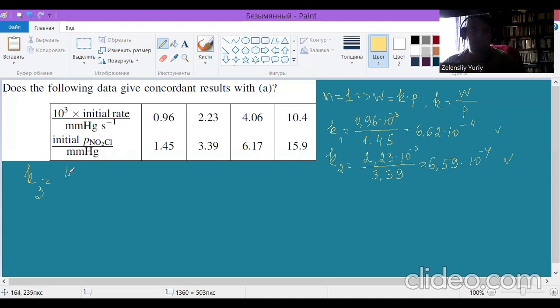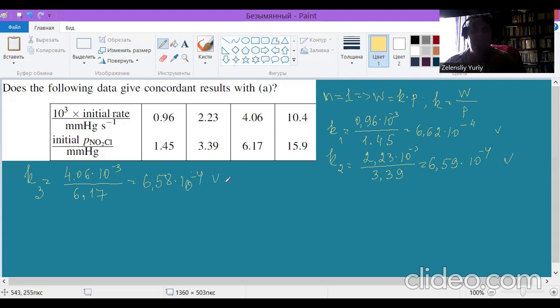So it's 4.06 times 10 raised to minus 3 divided by 6.17. Okay. Yeah, 6.58 times 10 to minus 4.